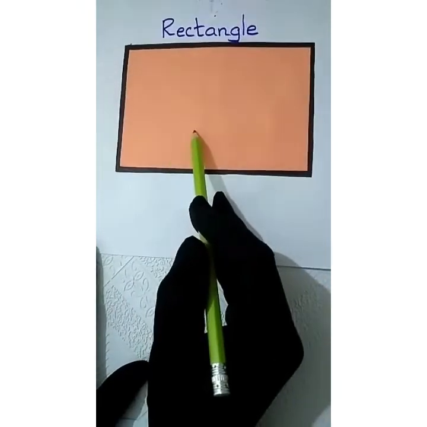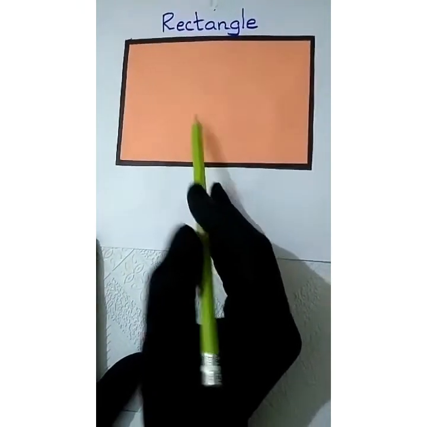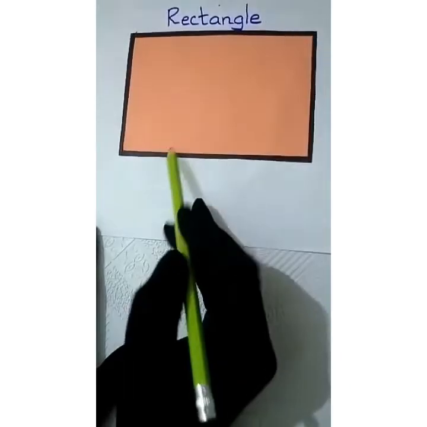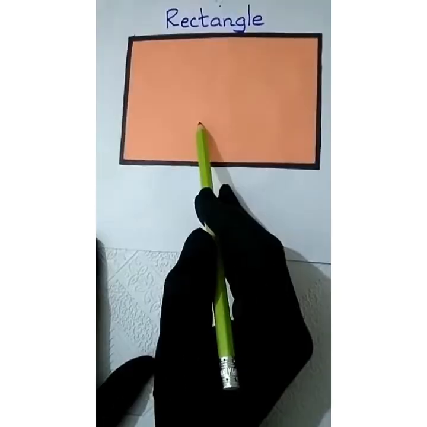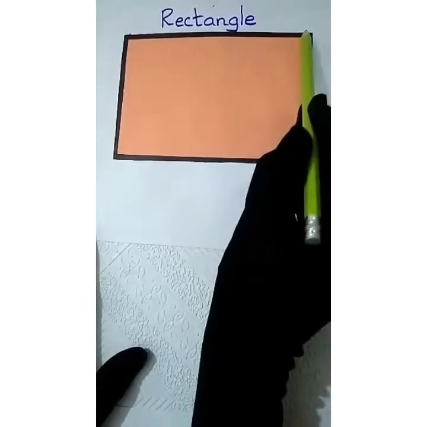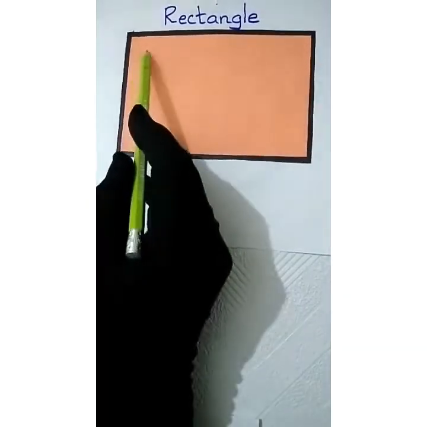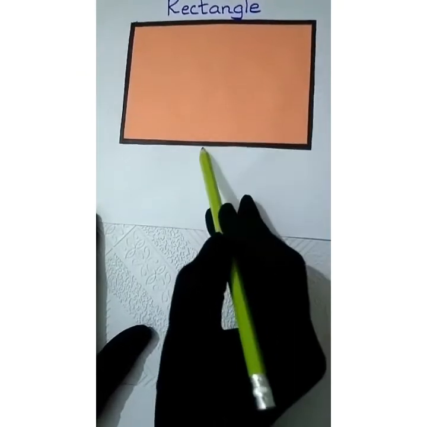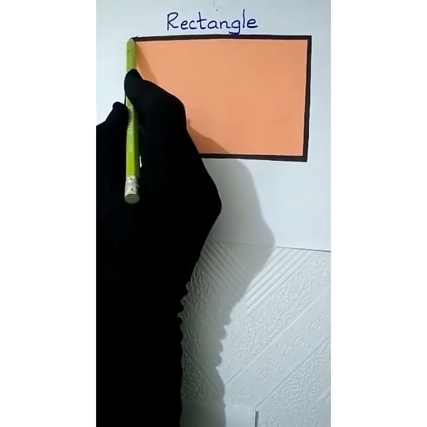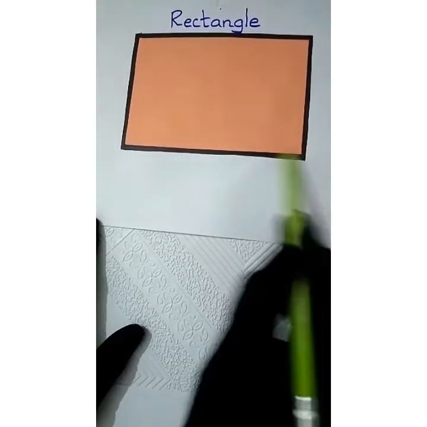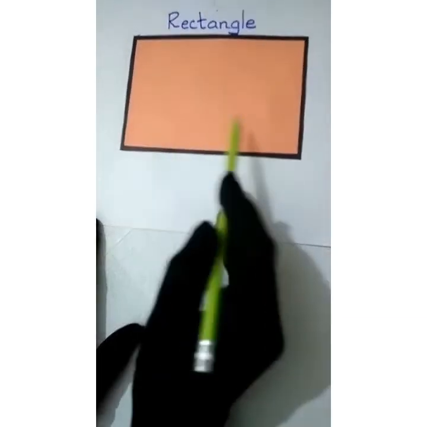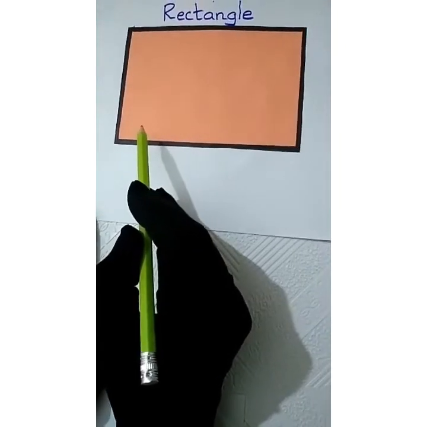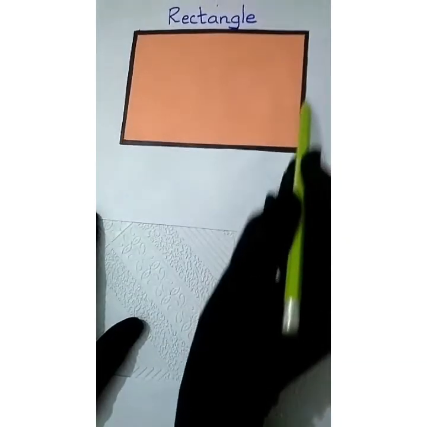This shape is also made up of four straight lines. So it has four sides and four corners. But it is not a square because all its sides are not equal.